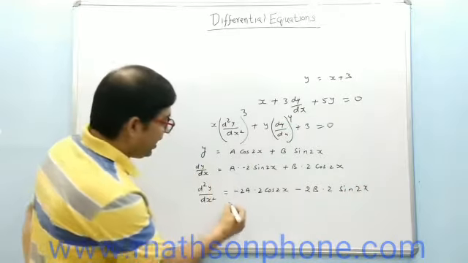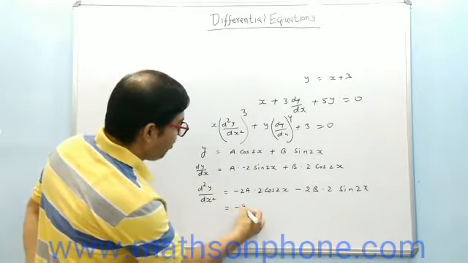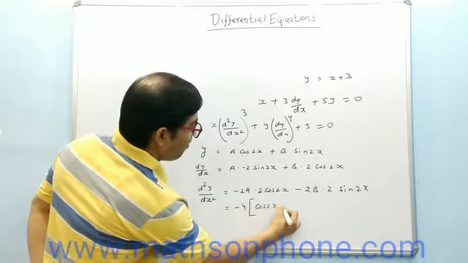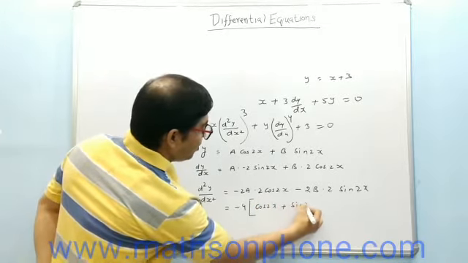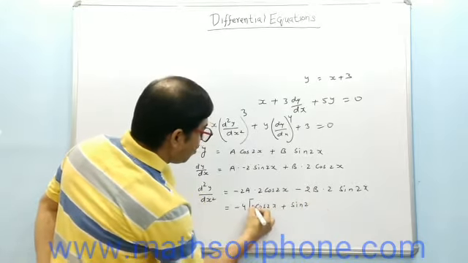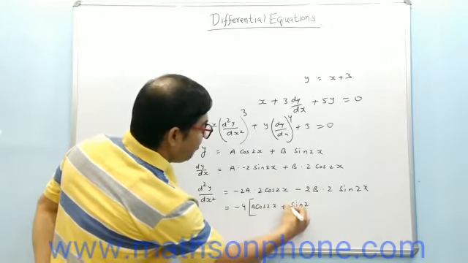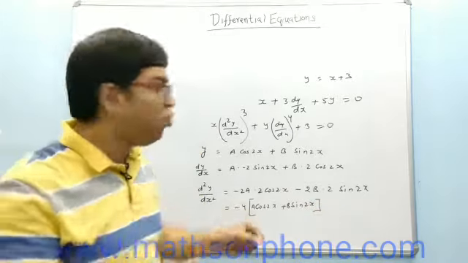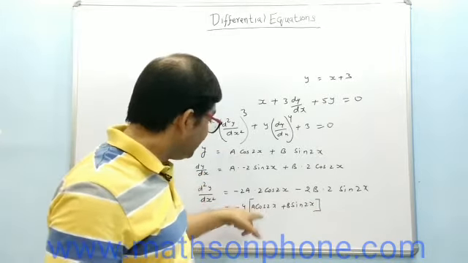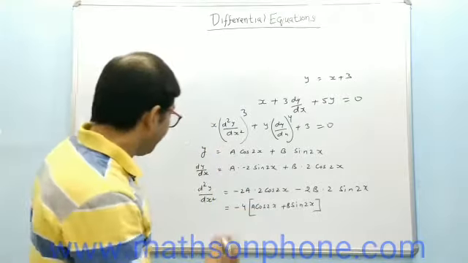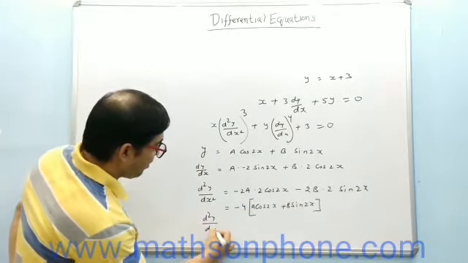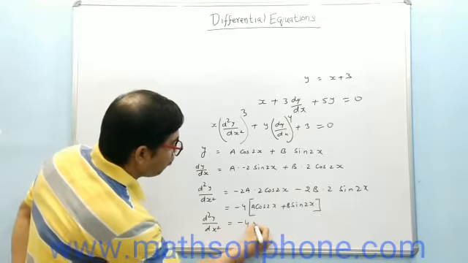So if you take minus 4 common, you are left with a cos 2x plus b sin 2x. And you just look at the original equation. This is exactly y. So d square y by dx square is equal to minus 4y.